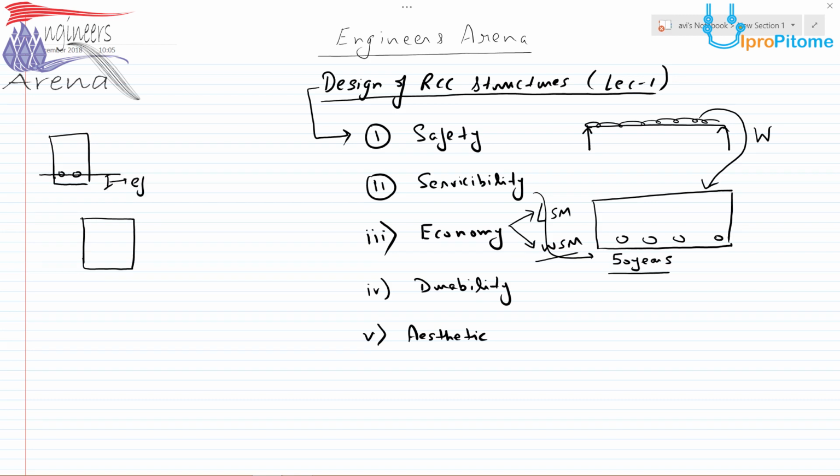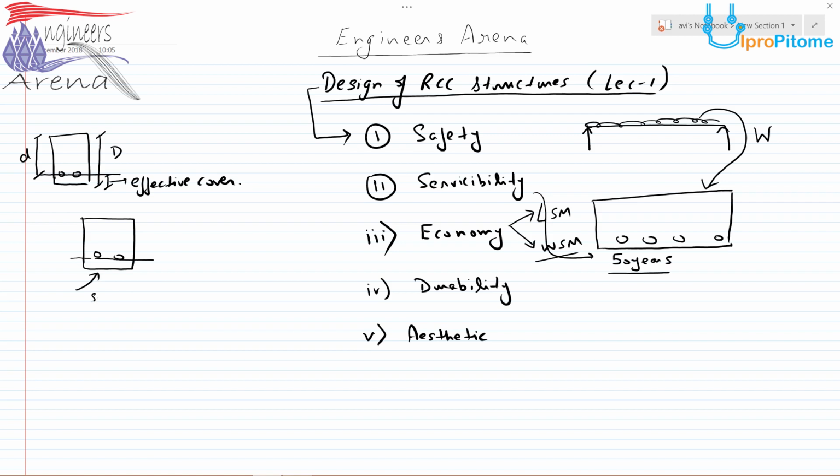This is the effective cover. This one is the effective depth, denoted by small d, and this is the total depth, denoted by capital D. Then there is a nominal cover, from the outside of the bar.